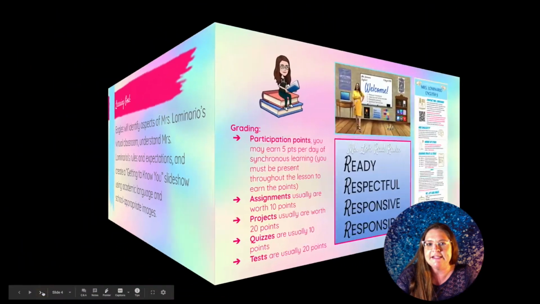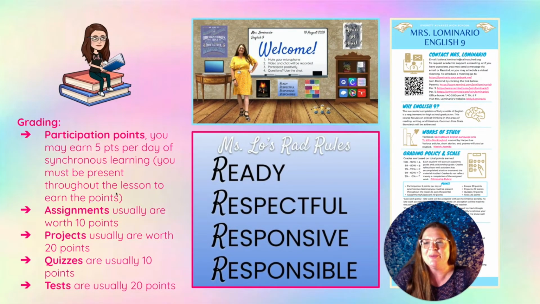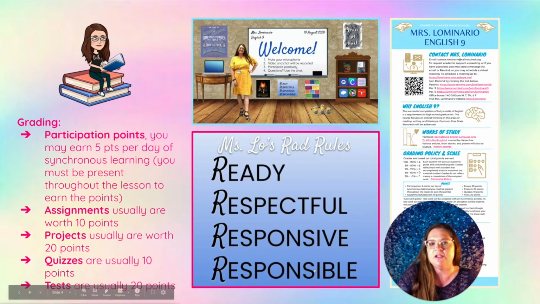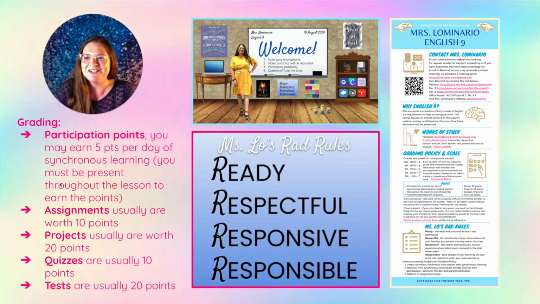And let's see here, we have some information about grading, our class rules, the virtual classroom, and over here we have the syllabus. So let's start with the grading policy. So I'm going to move myself up here, and I just want you to think about how you're going to respond to this year's academic responsibilities that are going to be given to you.